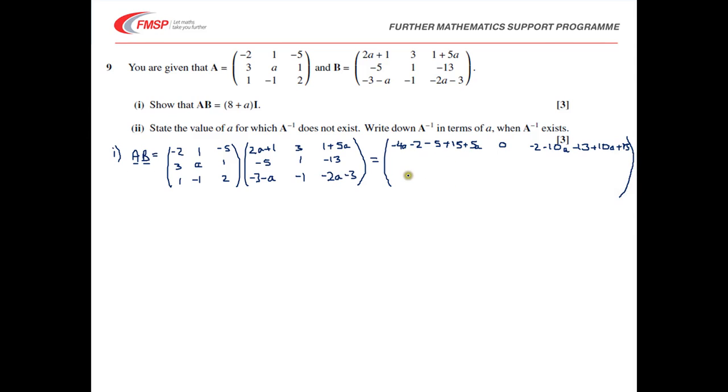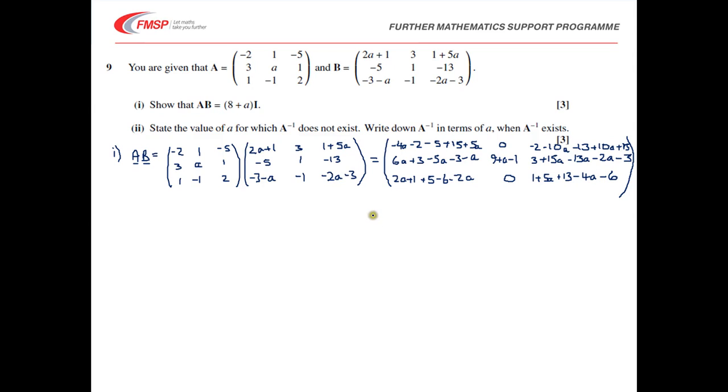For the next line we get 6a plus 3 minus 5a minus 3 minus a, and then in the middle 9 plus a minus 1, and then 3 plus 15a minus 13a minus 2a minus 3, and then the last line 2a plus 1 plus 5 minus 6 minus 2a, and then it's all numbers again and it comes to 0, and finally 1 plus 5a plus 13 minus 4a minus 6.